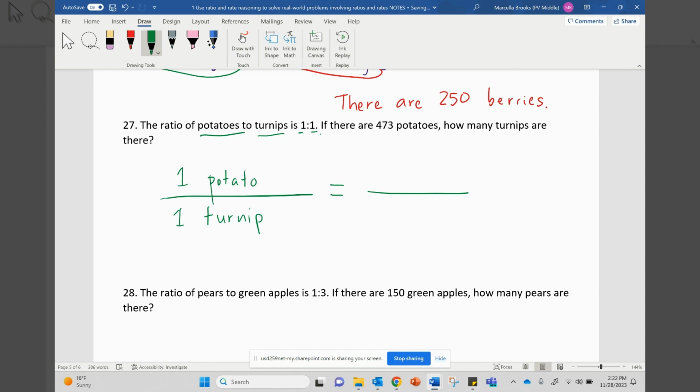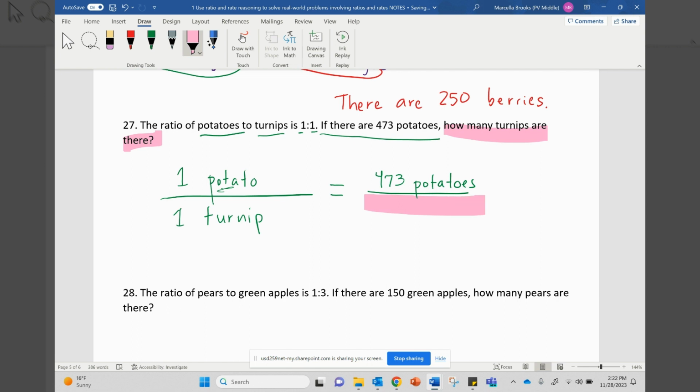So if there are 473 potatoes, potatoes are on top, so we're going to put 473 potatoes on top. The question it's asking is how many turnips are there? That's what's going to be here. That's what we're trying to find.